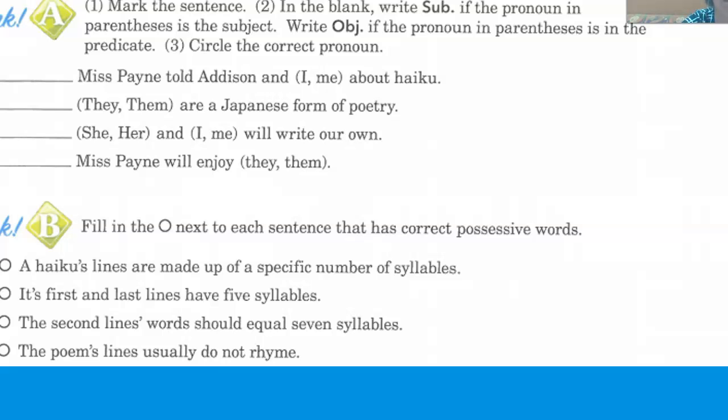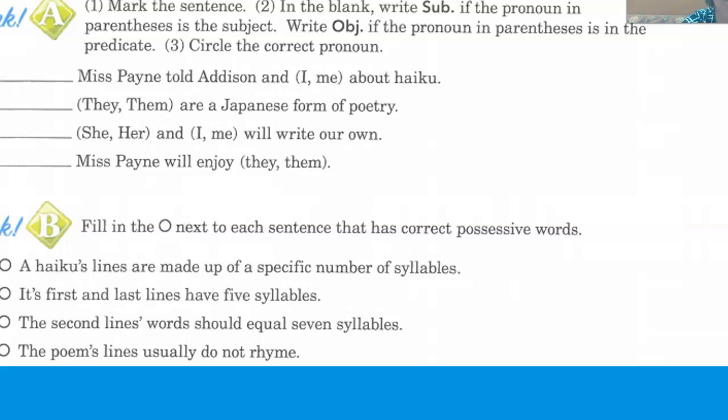Number 3, blank and blank will write our own. What is the verb? The verb is will write. So we would have a line before will and then underline will write. Now, because we're doing pronouns before the verb, we're looking for the subjective pronouns. So we should have circled she, I, and they would be subjective.